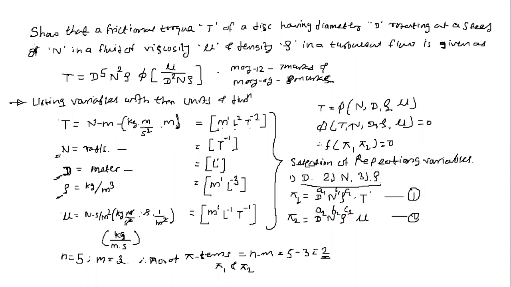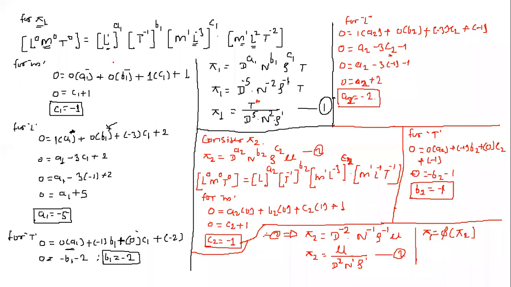Now the next step is to find the constants a1, b1, c1. For that purpose, we wrote the dimensions of all the variables involved in each pi term. The pi term is already a non-dimensional parameter, so its powers are written as 0, meaning no dimension.